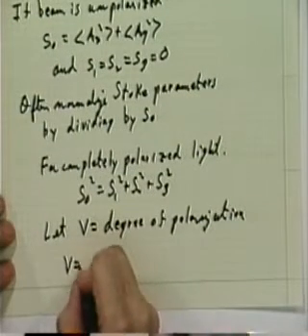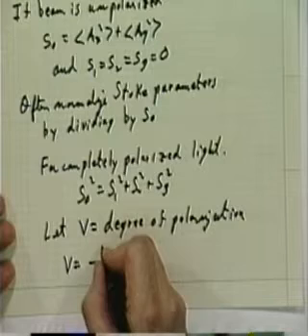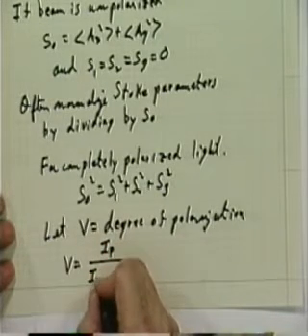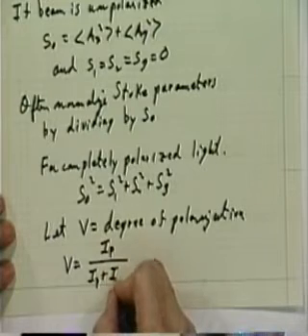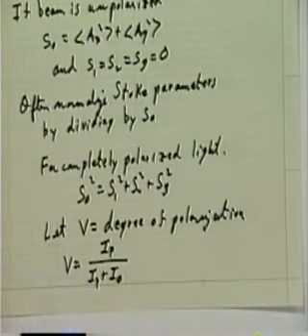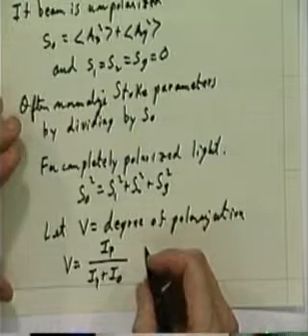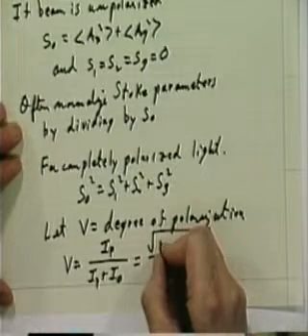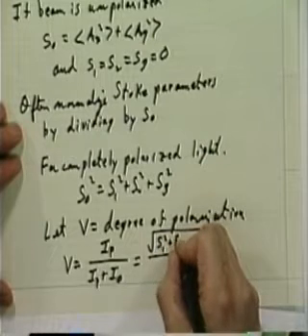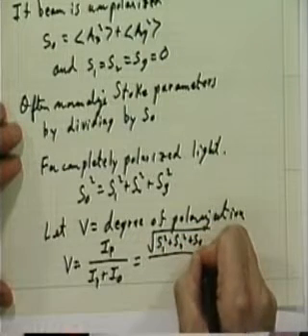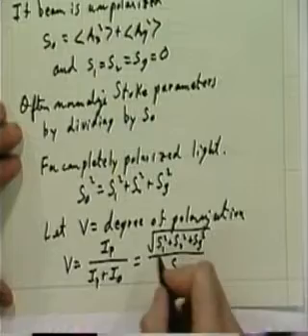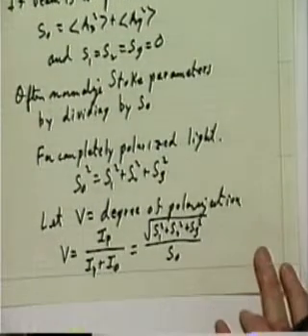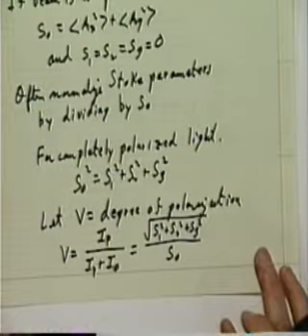V is defined as the amount of light that's polarized divided by the amount of light that's polarized plus the unpolarized light, so divided by the total amount of light, and that will turn out to be equal to the square root of S1 squared plus S2 squared plus S3 squared, divided by S naught.